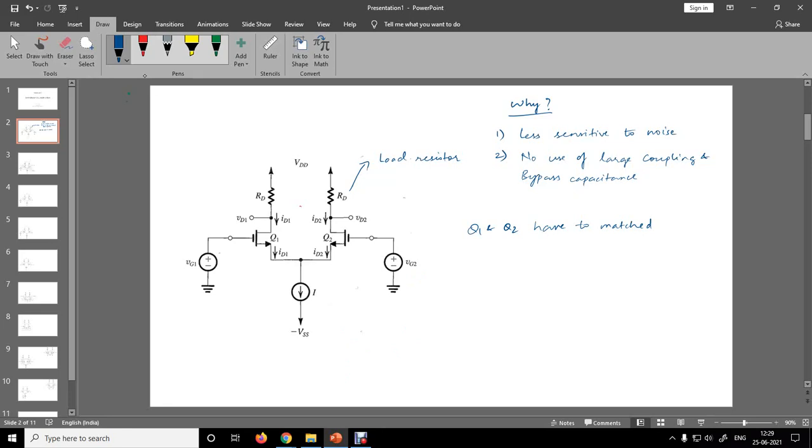The gm values and r0 values have to be as close as being equal. So this is a MOS differential pair.